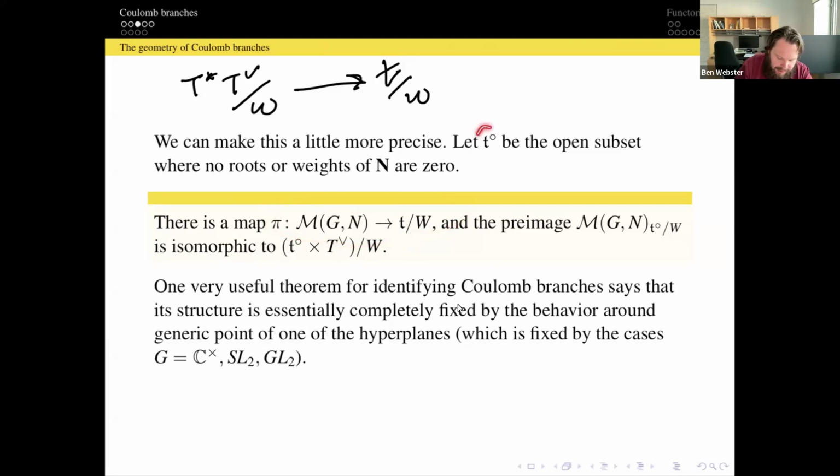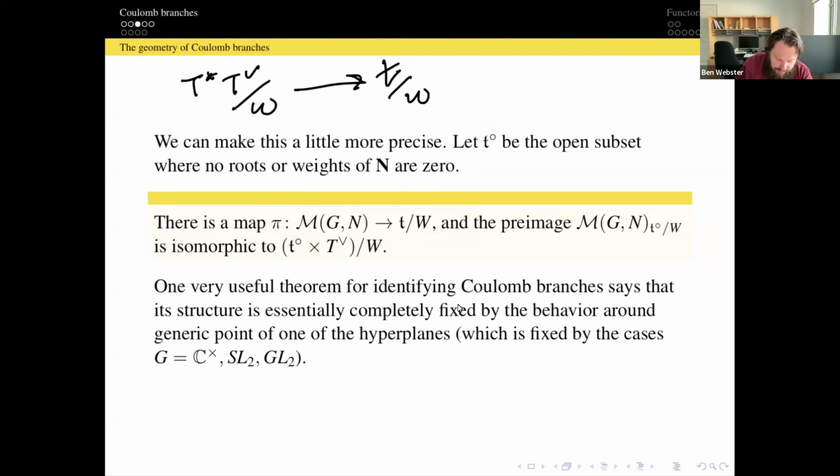And if I look inside T, there's an open subset where no roots of G and no weights of N are 0. And over that subset, this classical prescription is correct.